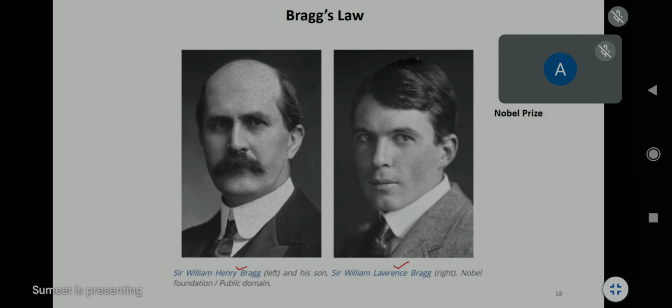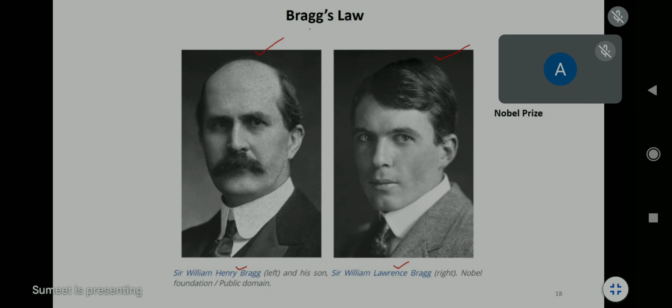Generally, the father was the experimentalist, and his son made the mathematical calculations of the experiments which his father had performed. In history, there's only one such example where father and son received a Nobel Prize, in X-rays. I'm showing you some history also, so that it creates interest and helps you to know this technique in a better fashion.